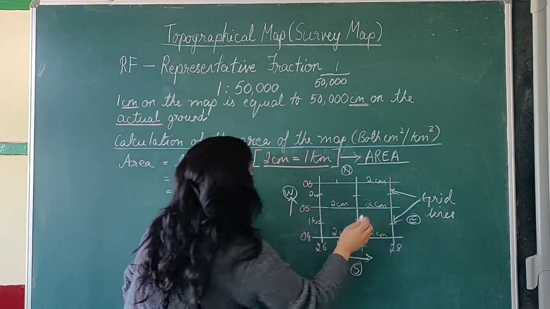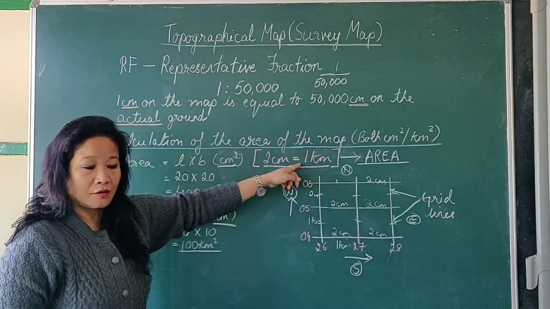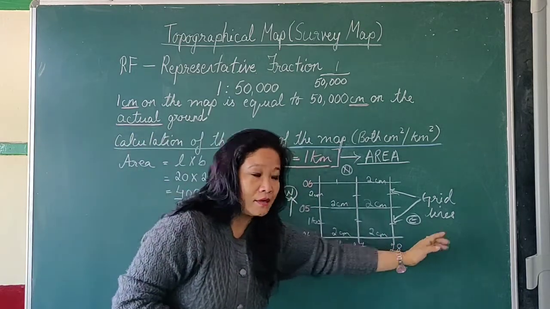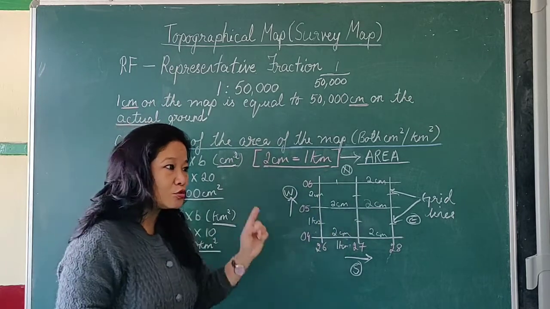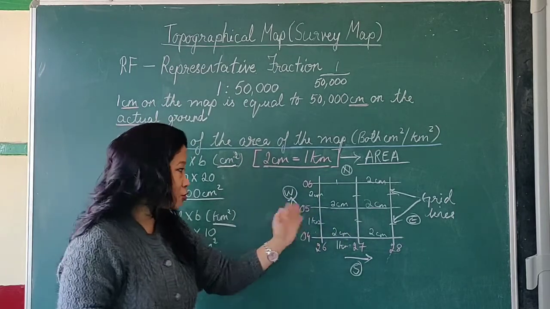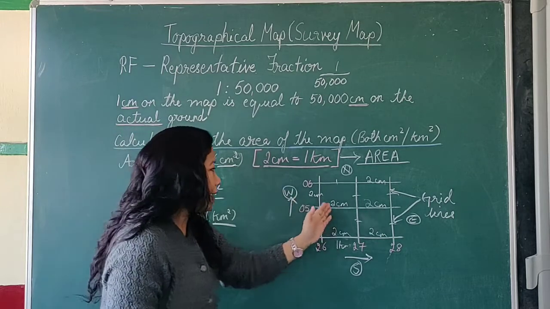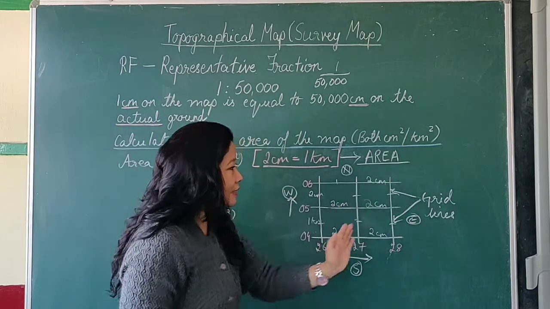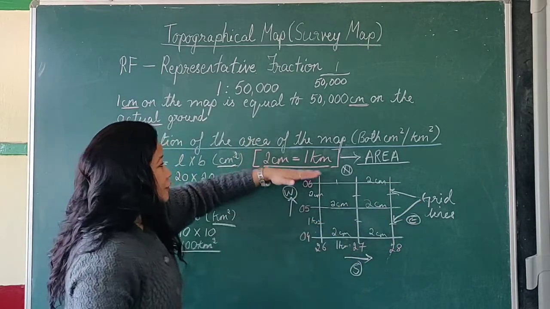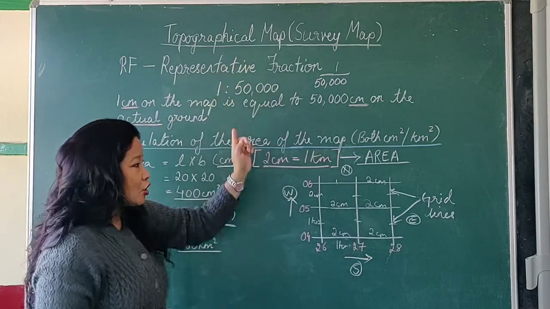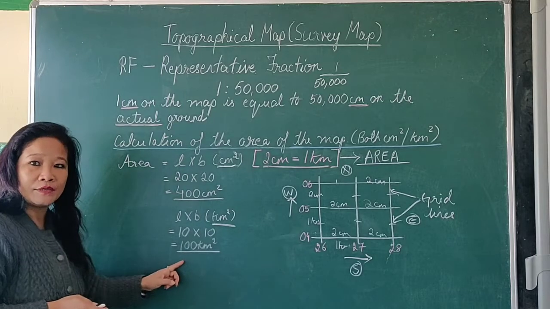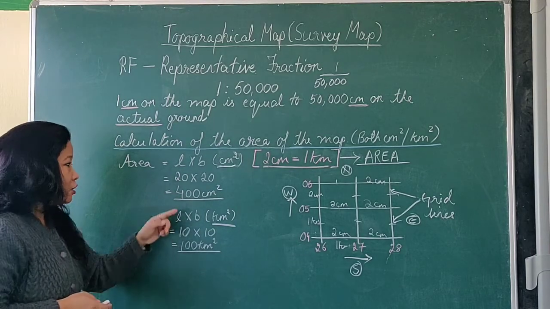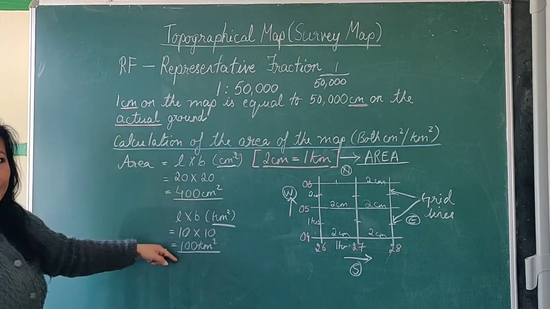How many squares are there? 10. You do not multiply the squares, you need to add on. 1, 2, 3, 4, 5, 6, 7, 8, 9, 10, and again 1 to 10. So 10 into 10 is 100 kilometer square. This is how you calculate the area of the map.